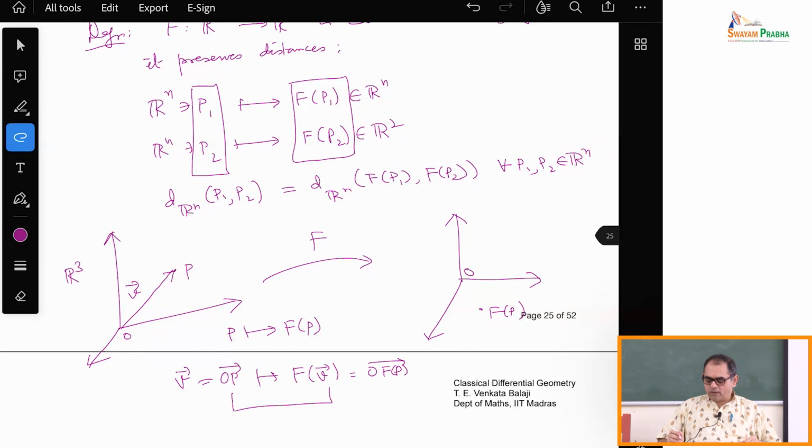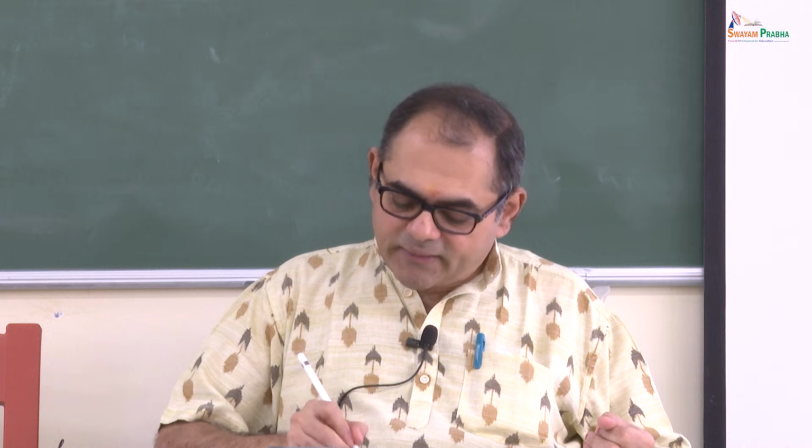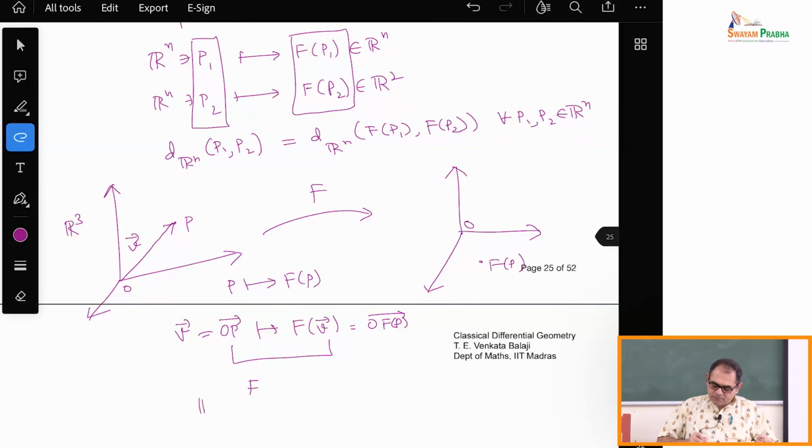What I want you to understand is that a point in space is dually being thought of as a point with coordinates, and also as a position vector of that point relative to the origin. So if you write it like this, you also have a vector notation. You can write F as a map from Rn to Rn that takes every vector to another vector.